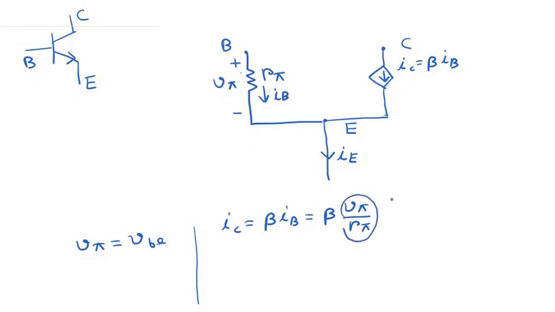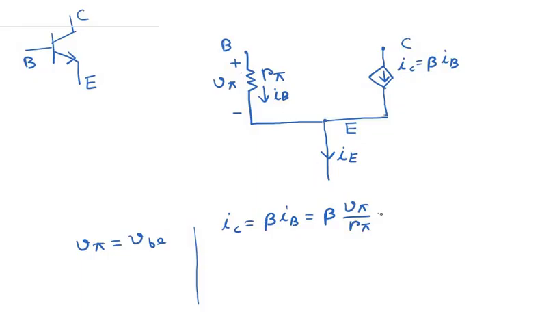This is equivalent to saying delta VBE divided by R pi, the small increase in the base to emitter voltage due to the AC signal. Anyway, it's a convention to write it as V pi divided by R pi.